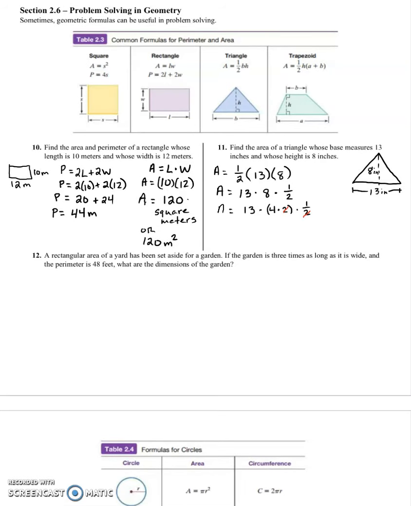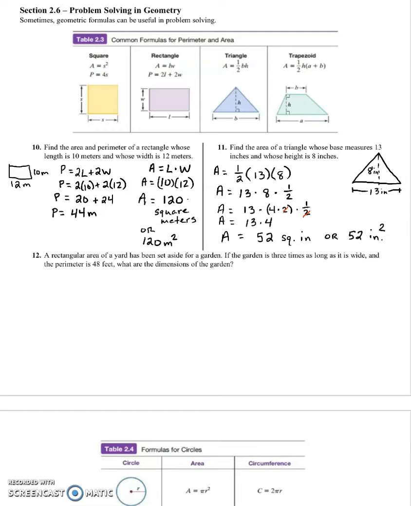And that leaves us with area equals 13 times 4, which is, good question. No, sorry, it's 52. Now remember, it's an area, so that's square inches, or we could write 52 inches squared.